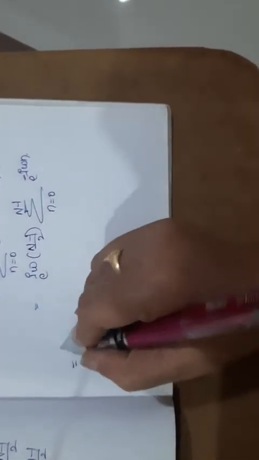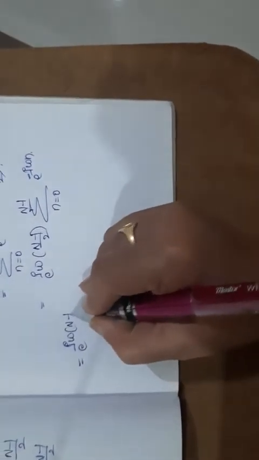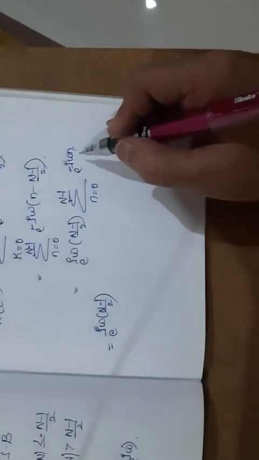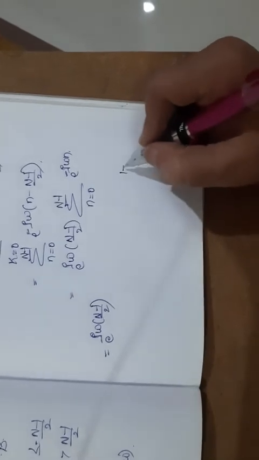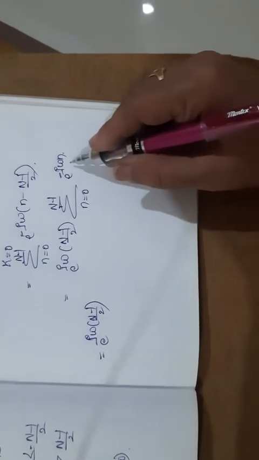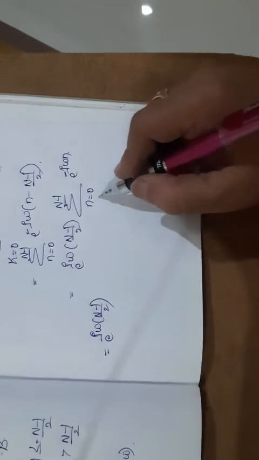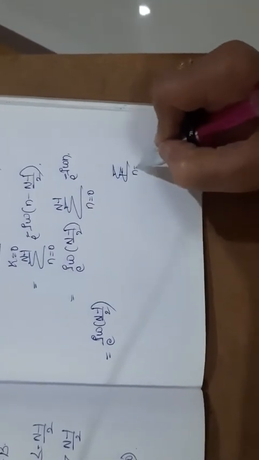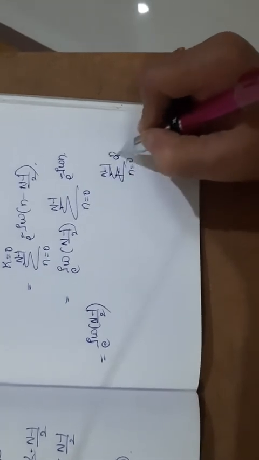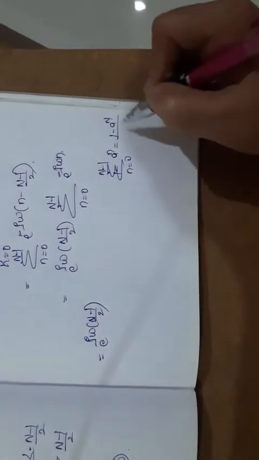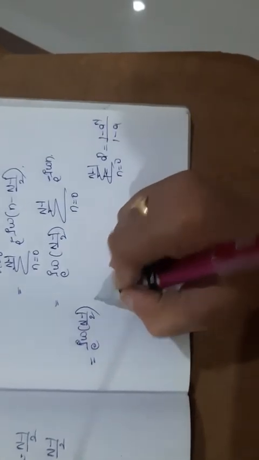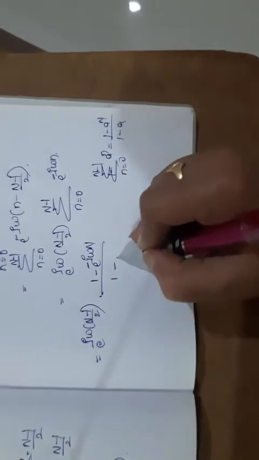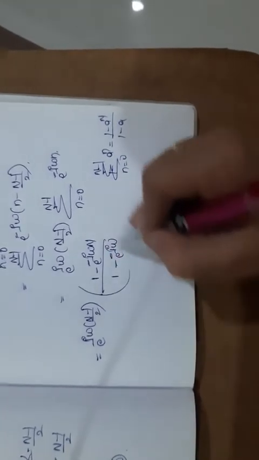This is the equation. For the summation from n = 0 to N-1 of e^{-jωn}, that is the summation of a^n for n = 0 to N-1, the formula is (1 - a^N)/(1 - a). Like this: (1 - e^{-jωN})/(1 - e^{-jω}).